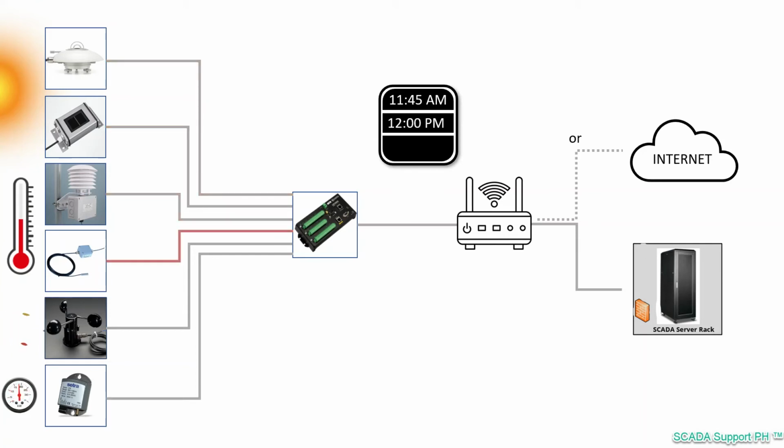Looking at the clock now, it's 12 noon, and the data logger again will pull the data from each sensor on a 2-second interval, then arrange it based on the table definition in the program. This will then be stored within the data logger.